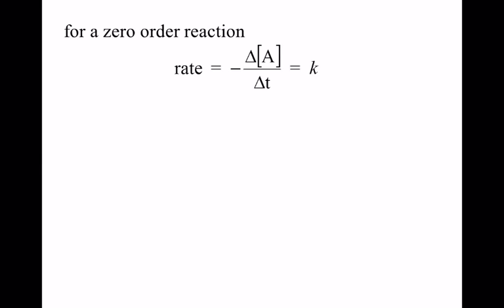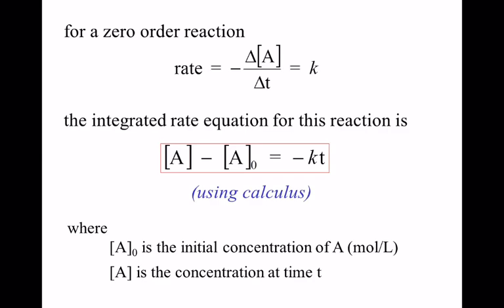So tracking the reactant A, since it's a reactant, the rate is equal to negative change in A over change in time, and that is equal to k for zero order. We could use calculus and integrate that relationship. I know, that's where I'm like, what? You just have to go with me here.